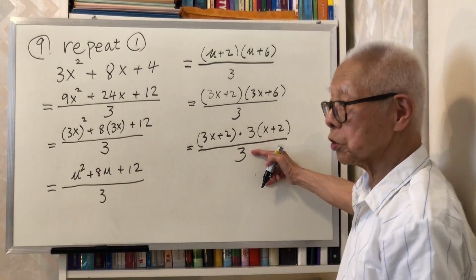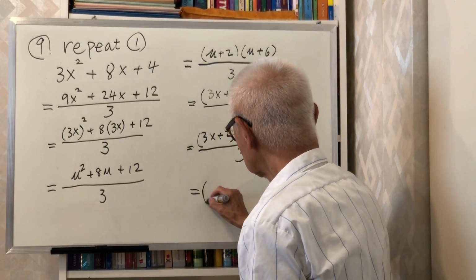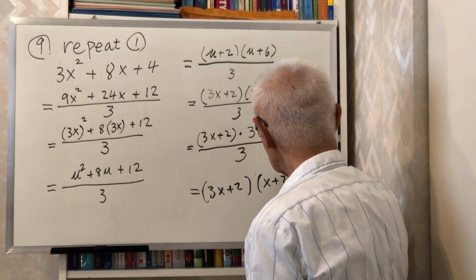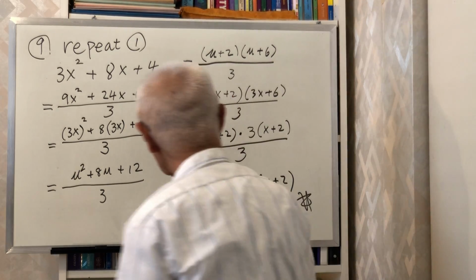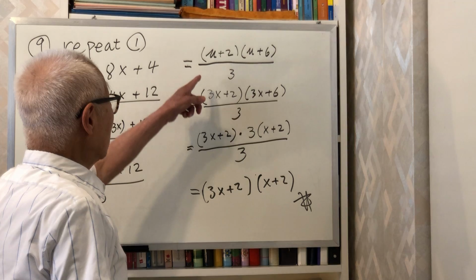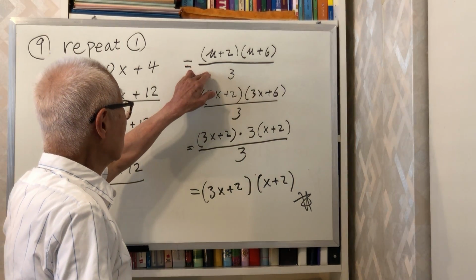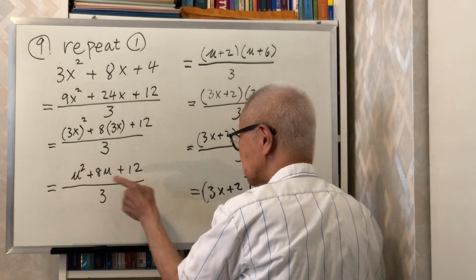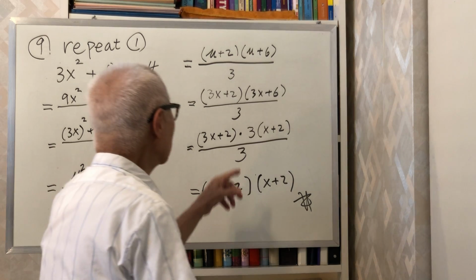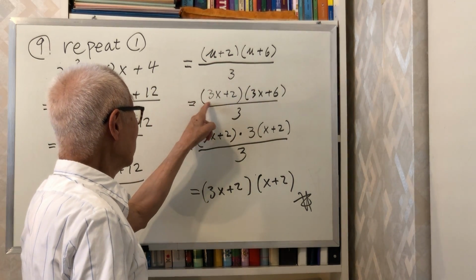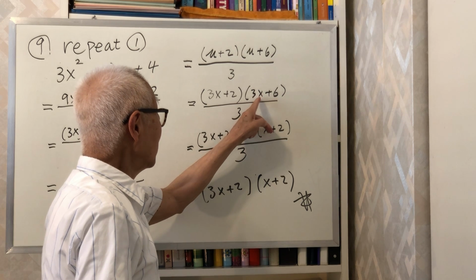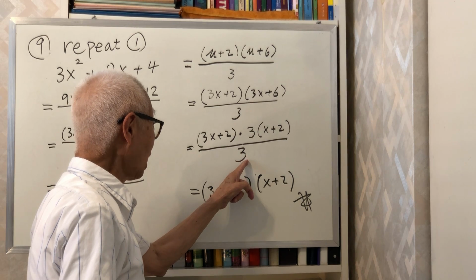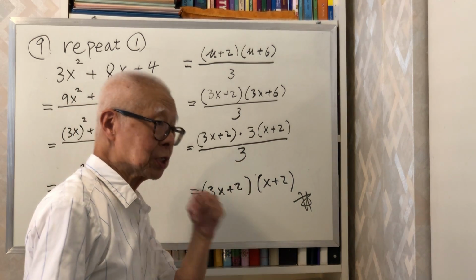This 3 cancels this 3. I factor the numerator here, it becomes that. Replace u by 3x, and here I have a common factor 3. This 3 cancels the denominator. This is my final result.